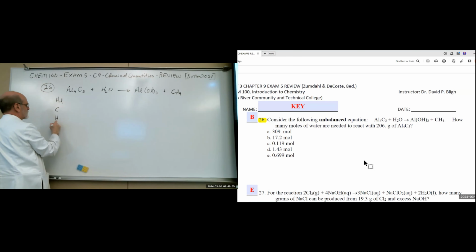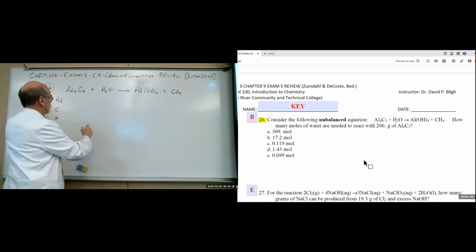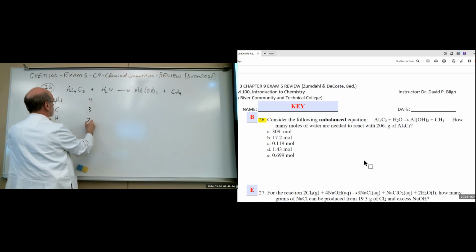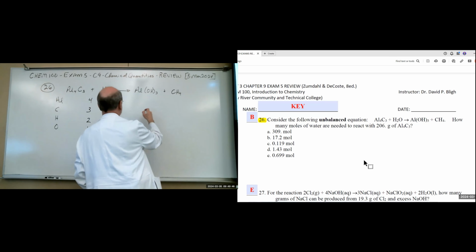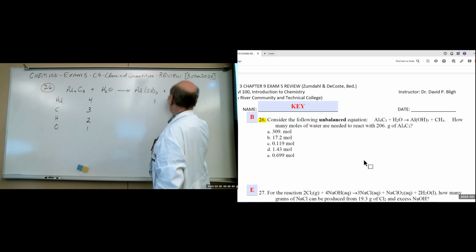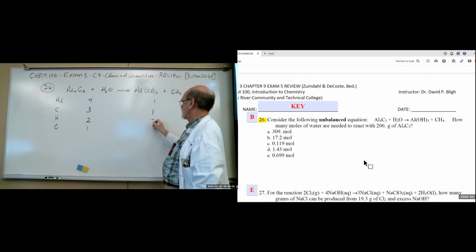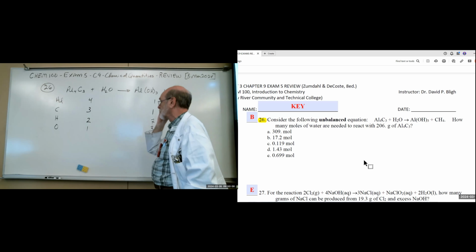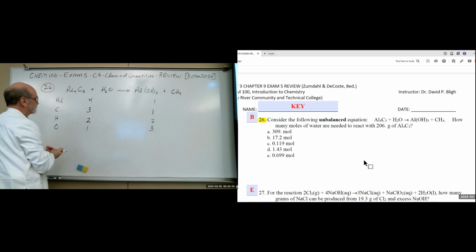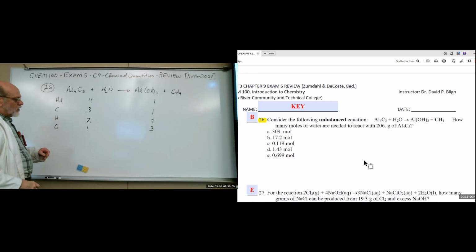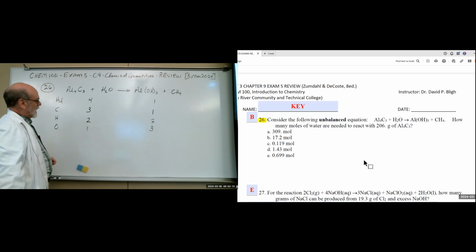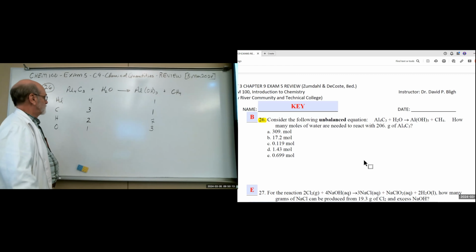Aluminum, carbon, hydrogen, oxygen. So this one we have 4 aluminum, we have 3 carbons, we have 2 hydrogens, and 1 oxygen. On this side we have 1 aluminum, 1 carbon, and then 3 plus 4 is 7 hydrogens, and 3 oxygens. Okay. So where do we start? I'm thinking we ought to start with aluminum.